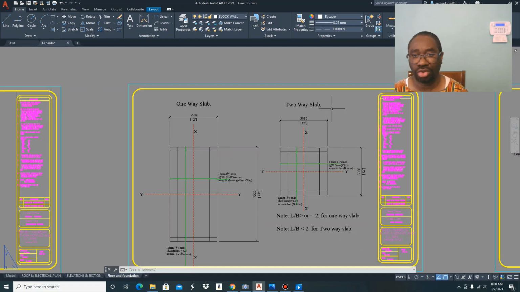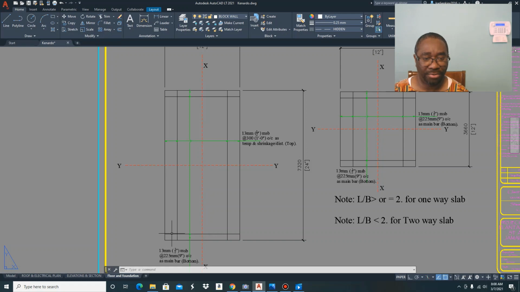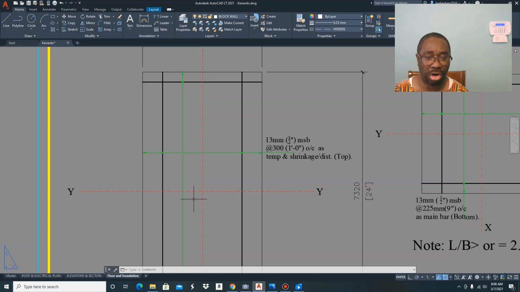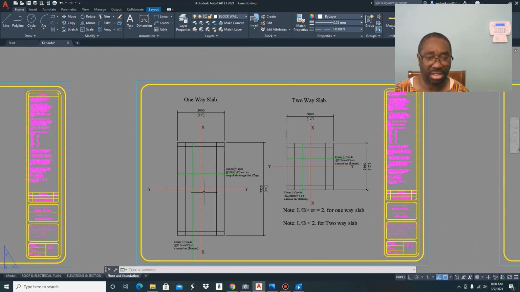And in a two-way slab, it means the load distribution is in both directions, or in two directions. In a one-way slab, we reinforce in the shorter direction, because in the shorter direction, that is where bending is going to occur if the slab is loaded at the center.